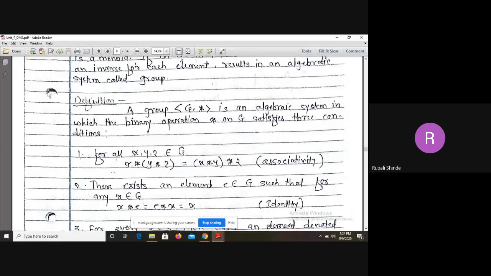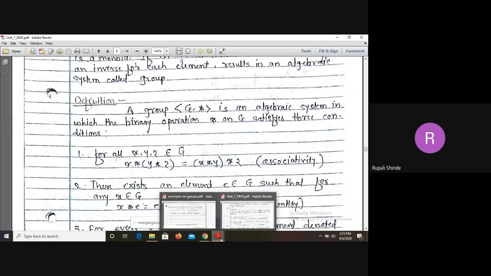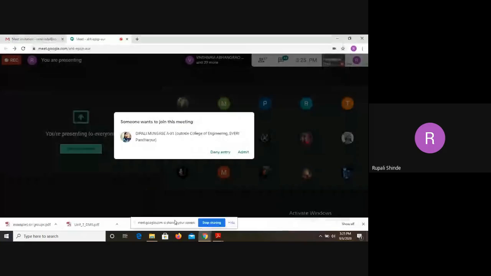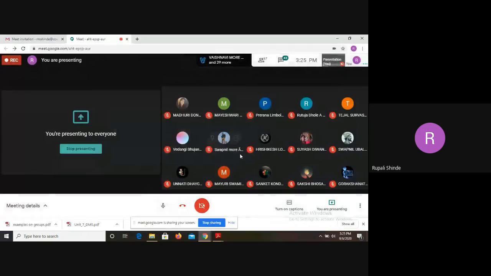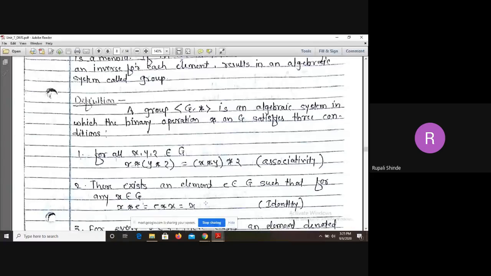We can define closure as: for all x and y belonging to G, x star y belongs to G. It means once you perform the star operation on any two elements of G, whatever result we get, x star y, should belong to G. That is the closure property.